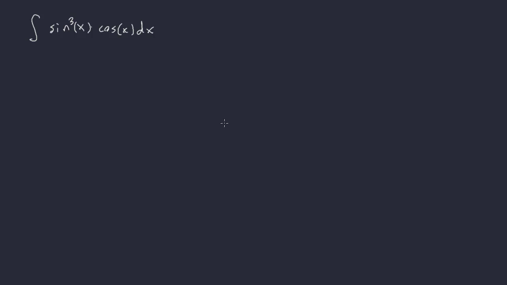For our next example, let's take a look here. We have the integral of sine cubed of x times cosine of x dx. Again, we're always on the lookout for what our stuff is going to be.